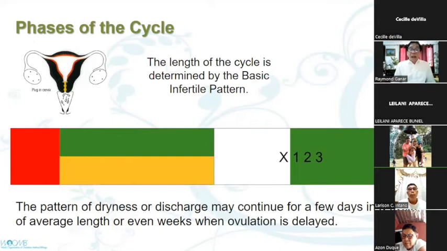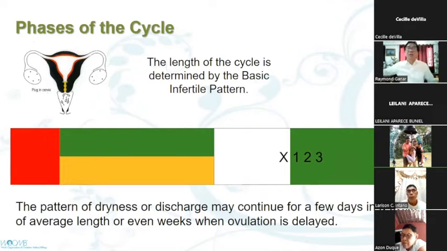So if the BIP is extended, the length of the cycle is determined by the BIP. The pattern of dryness or discharge may continue for a few days in a cycle of average length, or even weeks when ovulation is delayed. So meaning ovulation will take place a little bit farther. Why?